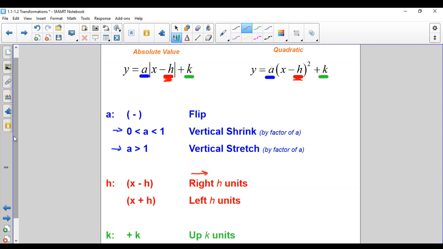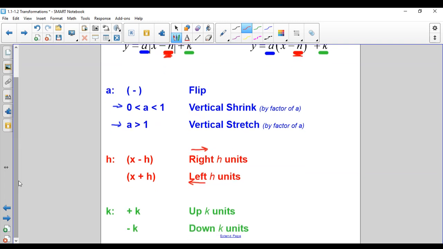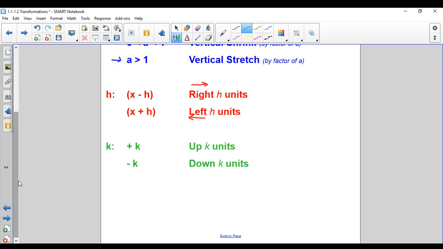So you're moving right when it's x minus h. When it's x plus h, you're moving left that number of units. Inside the parentheses or inside the absolute value bars, that sign is going to lie to you. Now the k value is what you think. If it's a positive k value, you're moving up that number of units.